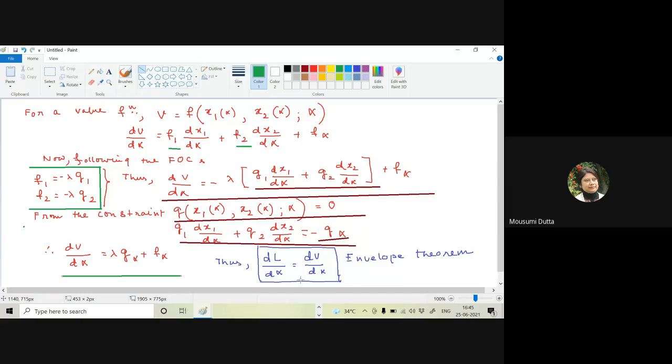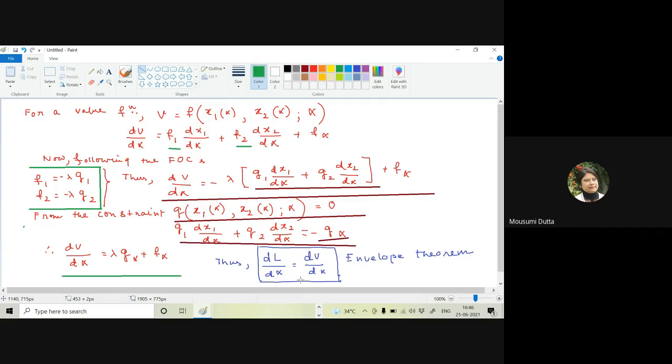So we can consider the objective function and the constraint in a single equation, that is the Lagrangian expression, and take the derivative with respect to the parameter. This will give us the same solution as if I consider the value function and take the derivative with respect to the parameter. This is known as the envelope theorem.